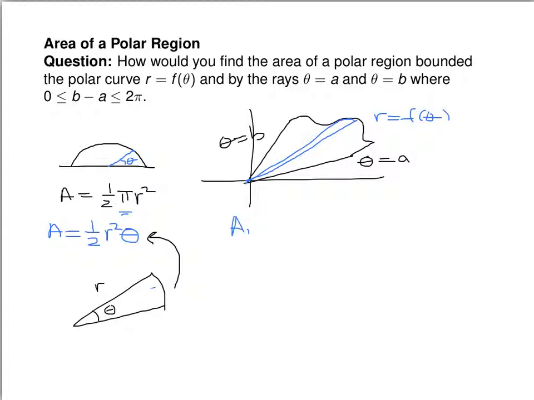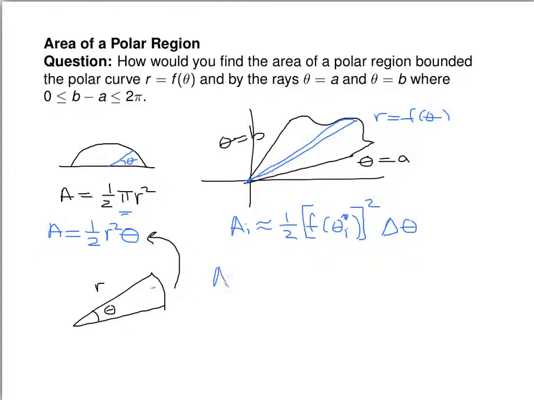So the area of the ith slice is about equal to 1/2 times, pick some theta sub i star in the interval, that represents your radius, squared, multiplied by delta theta, whatever the change in theta is.